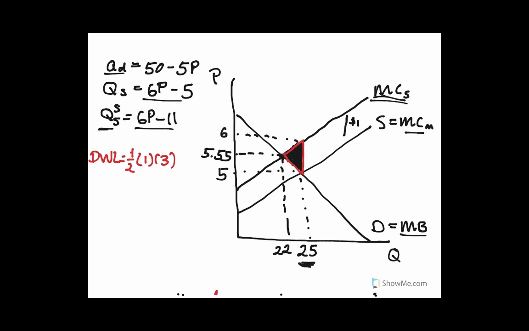So that's just going to get us 3/2. So we found the area of that deadweight loss there, which is $3/2, of course. So $1.50, I guess, is the proper way to write this. Okay, so I hope you see why this area there is in fact the deadweight loss, and also see how we calculated that.